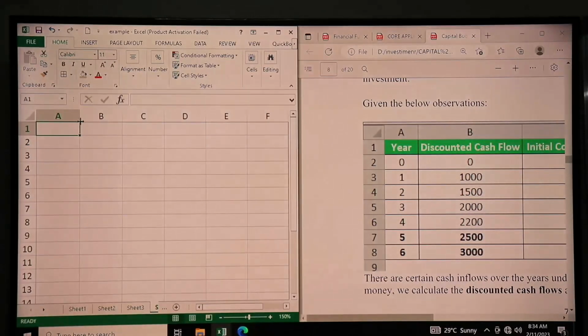Here we have years, the number of years. Here we have the discounted cash flow.